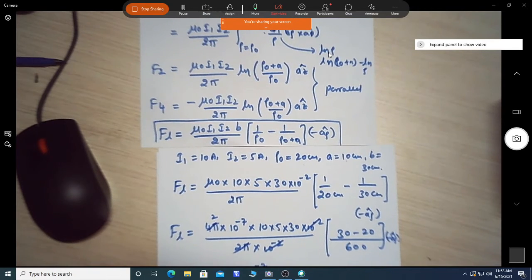So we can calculate FL, which is equal to 5 into 10 power minus 7 into 1 by 60.